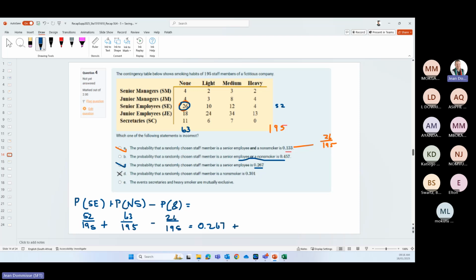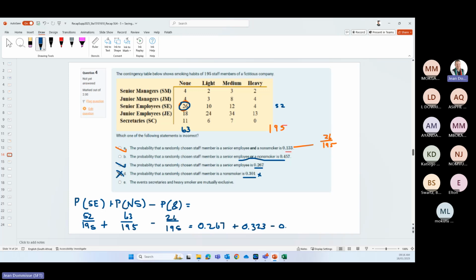And what's a non-smoker? So that's probably also, what's the probability that a randomly chosen staff member is a non-smoker? Okay, so there we're also doing that. So the non-smoker is 0.323. So that is the wrong one.